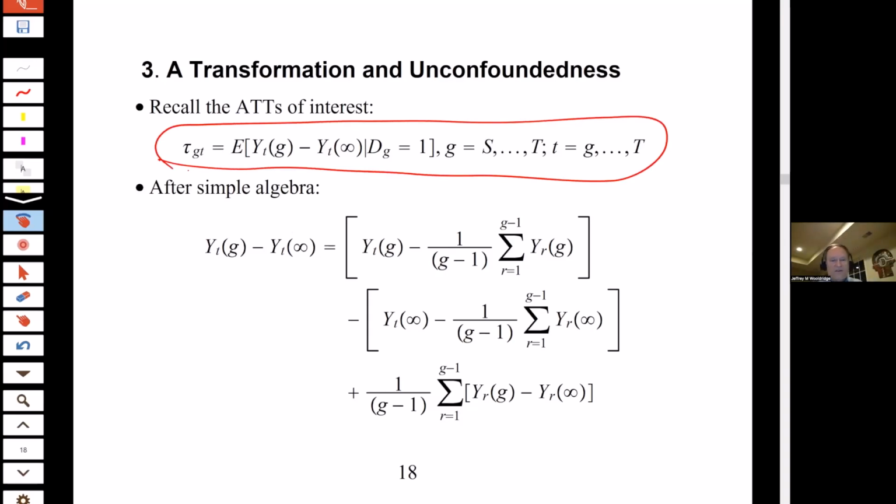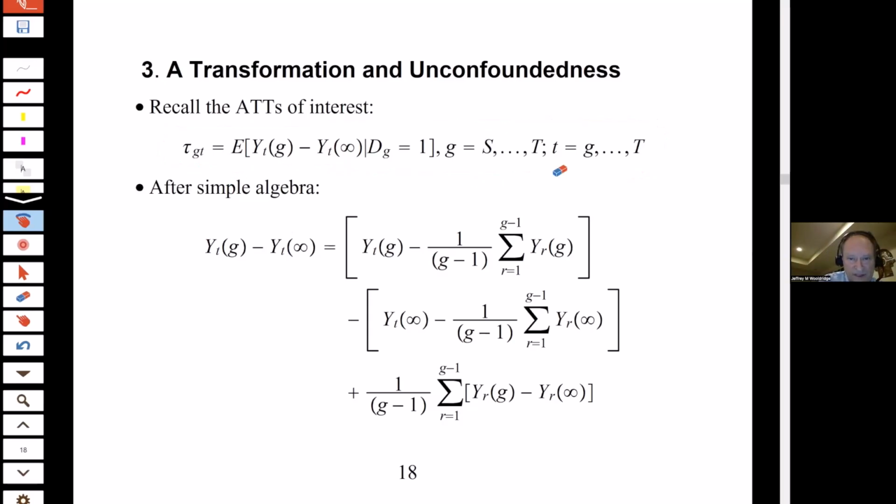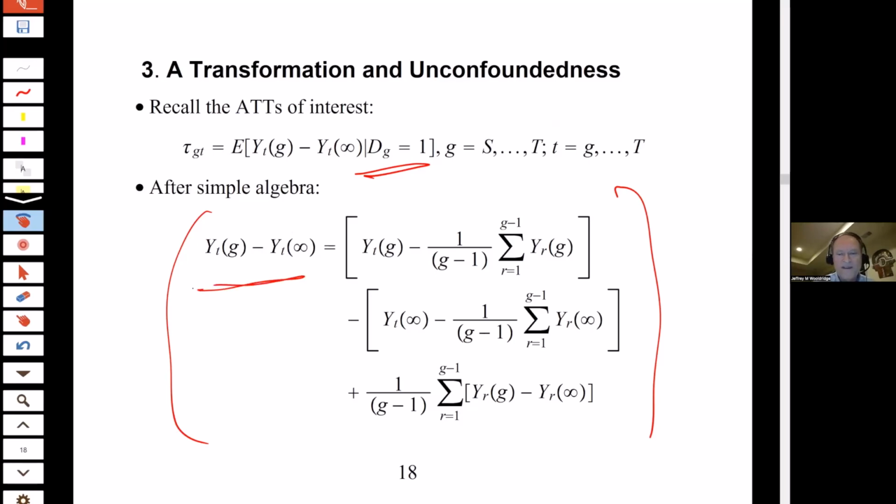And so what we're doing is we need to compute this expectation for the cohort that's first treated in period G. So this is just a telescoping average. If you match up everything, you'll see everything cancels out until we get this. Why would I write it like this?